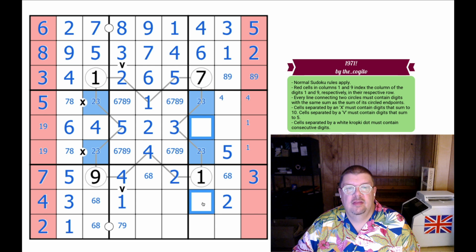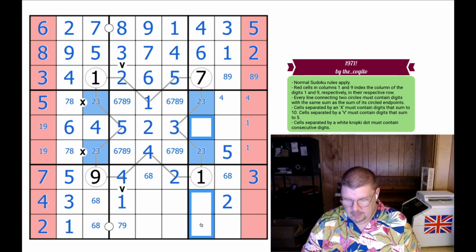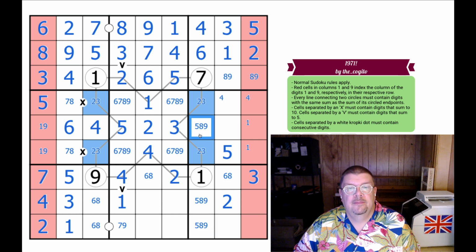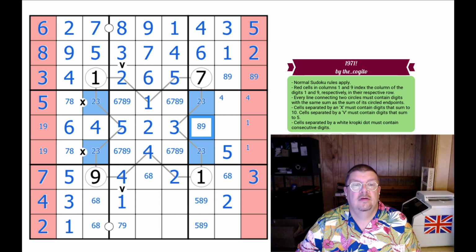3 digits in this column are 5, 8, and 9. That is not a 5.